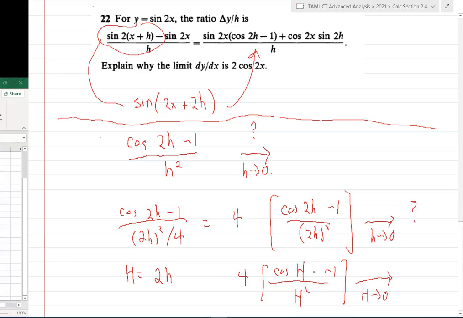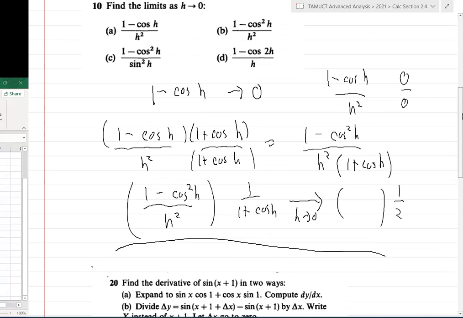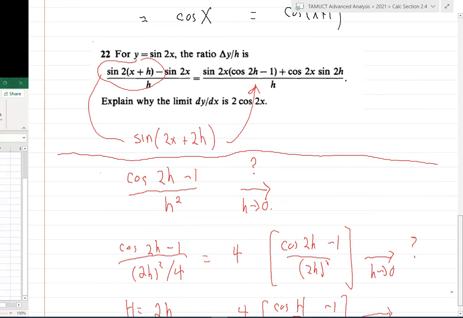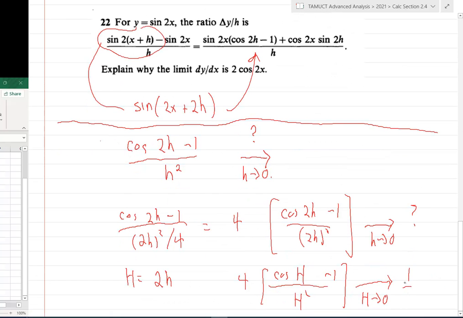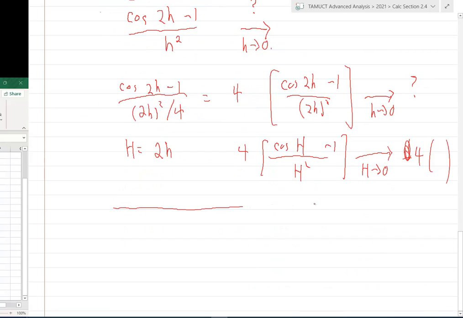All right, now this is the same limit we had up here. So whatever limit I get here, I can substitute that answer in. So the answer here is going to be 4 times whatever answer I got for the previous. All right? So you can use substitution in a very efficient way to solve some of these problems.